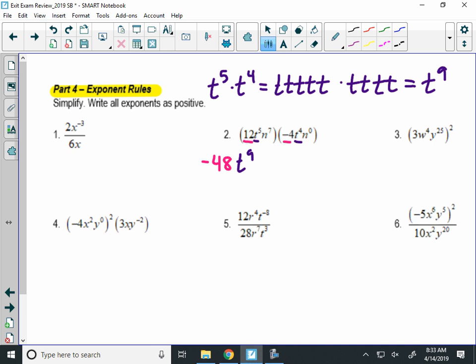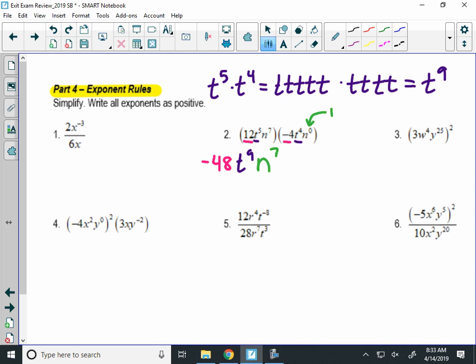The rule is when you multiply variables with the same base, you add the exponents together. 5 plus 4 is 9. Now here for n to the 7th and n to the 0, 7 plus 0 is 7. And one thing to remember, anything to the 0 power equals 1. So that's really n to the 7th times 1, which is just n to the 7th. And that would be your final answer for number 2.